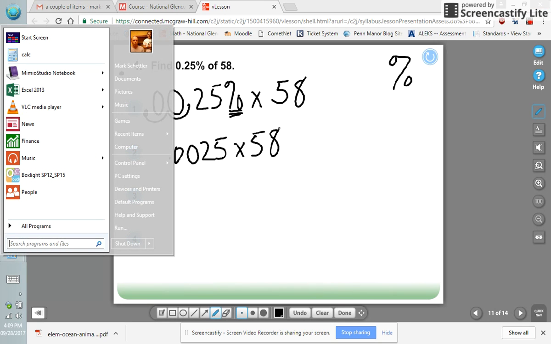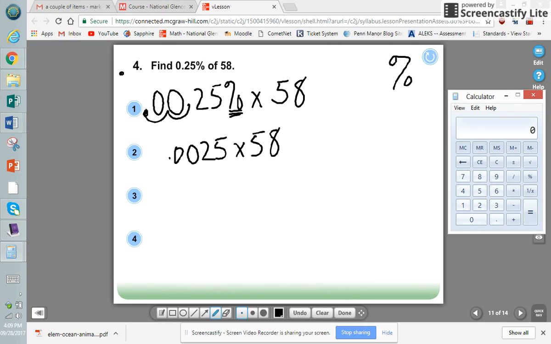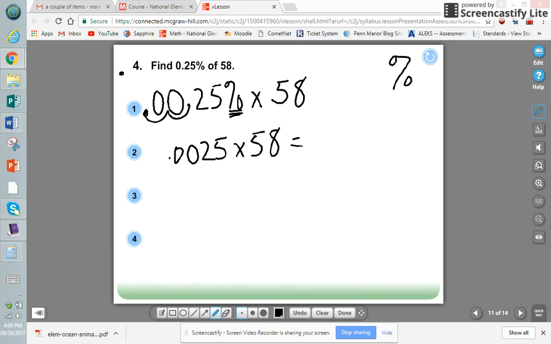But let's just check with our calculator just to make sure that my brain's not playing a trick on me. 25 ten-thousandths times 58 equals, wow, super small.